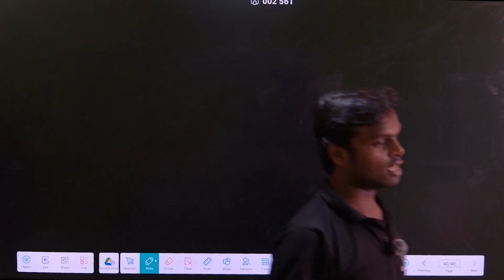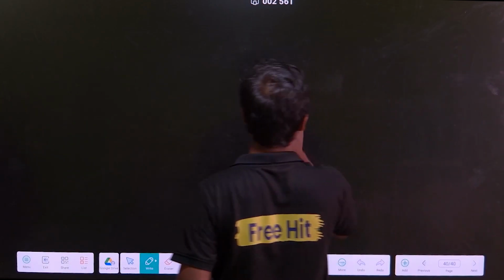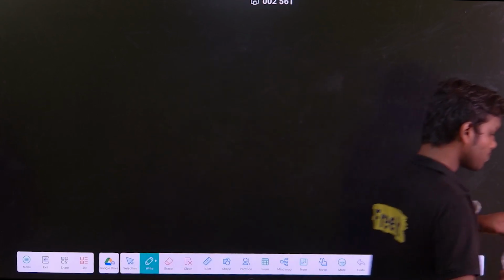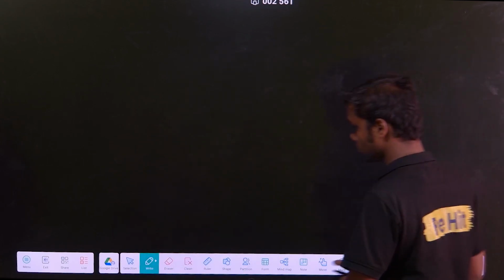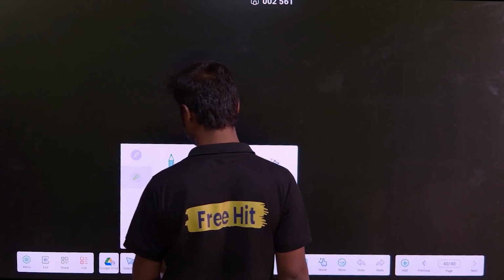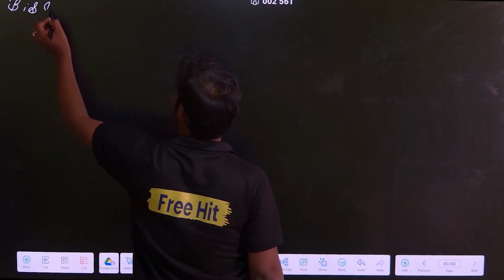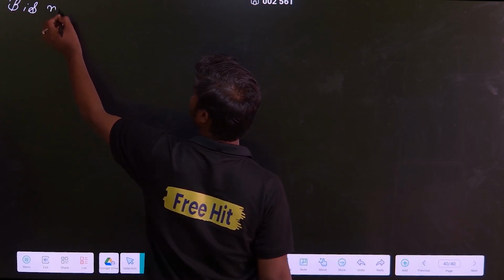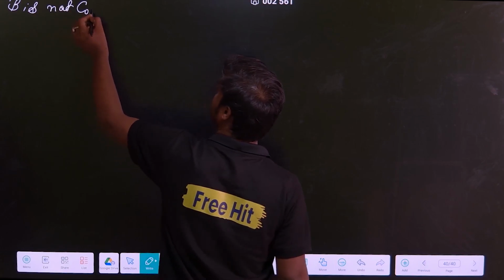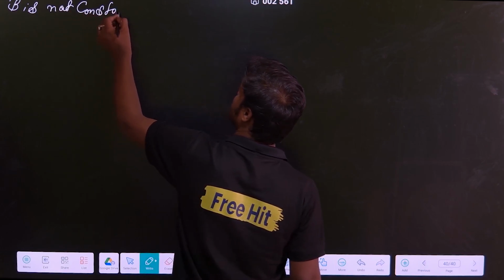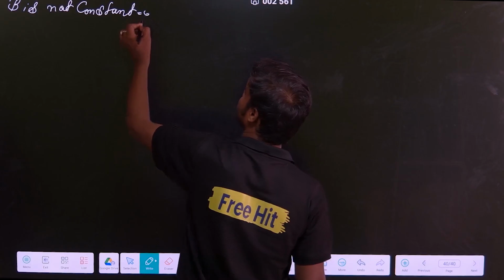The last case is a very special case when the magnetic field is not constant. In all the cases we have taken the magnetic field as constant, but it is not necessary that the magnetic field will be constant.